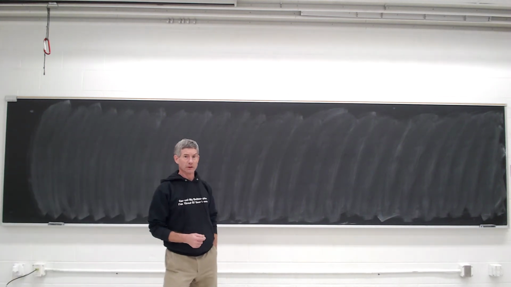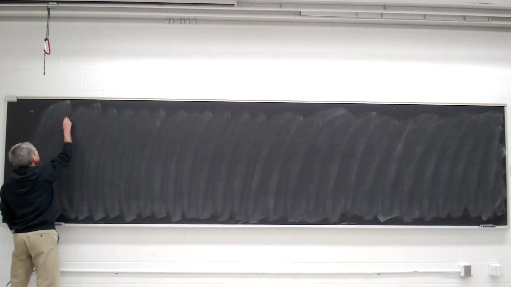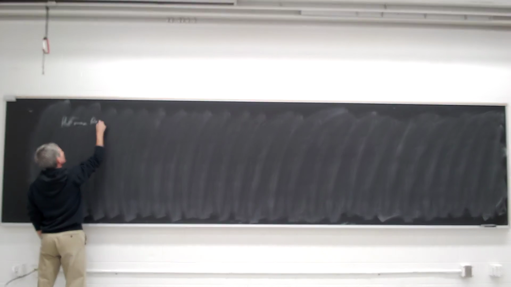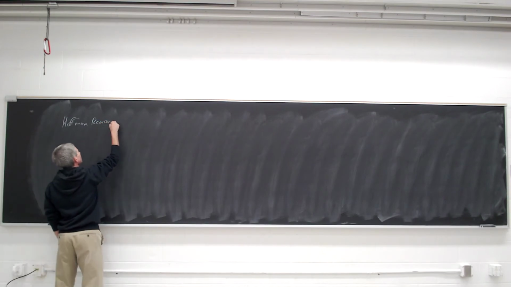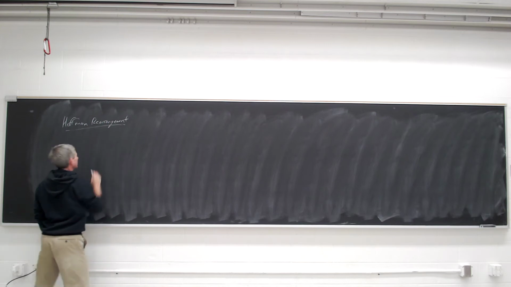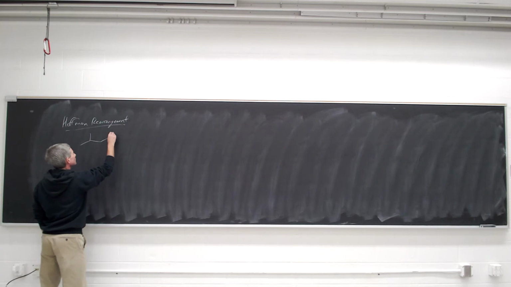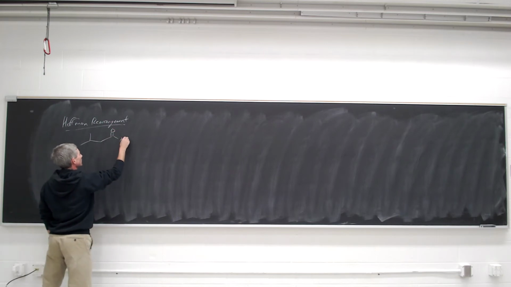The second reaction in the triple H series is the Hofmann rearrangement. And the Hofmann rearrangement, recall, takes an amide.